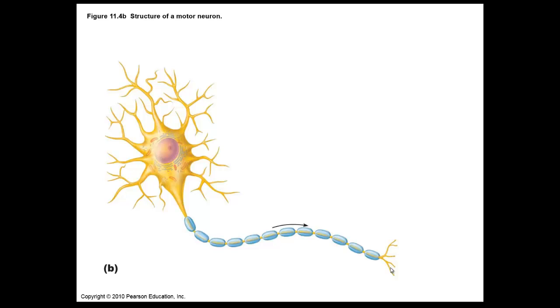So if you look at channels, remember we have chemically gated channels out here on the dendrites. We also might have a special neuron that has sensory receptors on the receiving end of the cell.